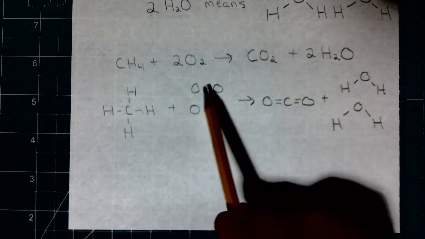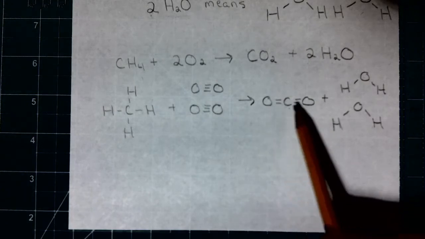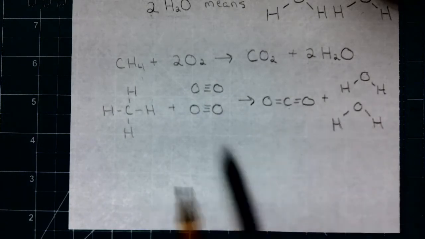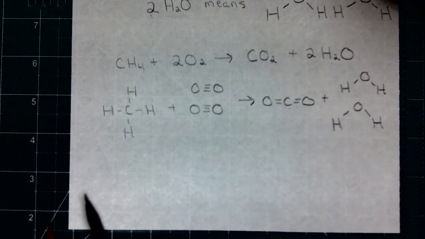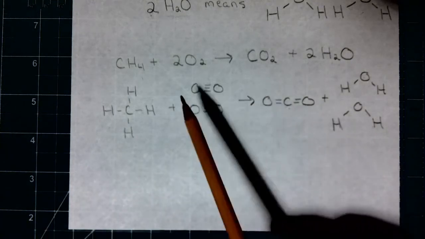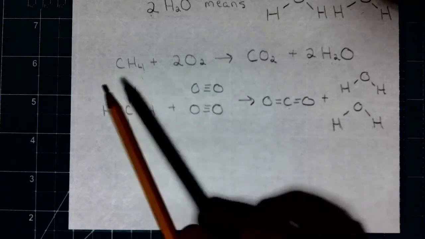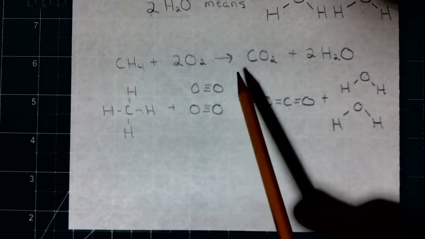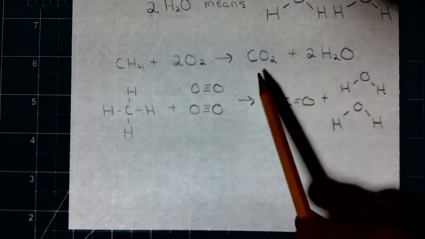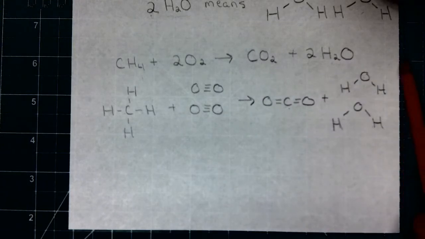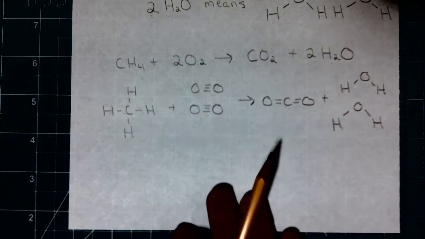We have 4 oxygens, and we have 1, 2, 3, 4 oxygen atoms on that side. And all chemical reactions have to obey this. There has to be the same number of and types of atoms on one side as on the other side. We don't get to create or remove atoms during a chemical reaction.